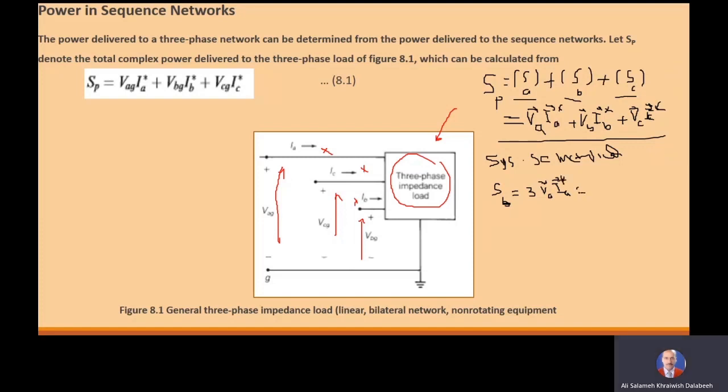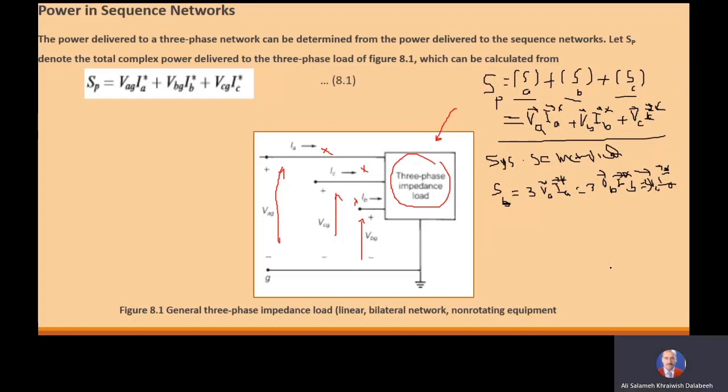Actually, it is equal to 3 VB IB conjugate, equal to 3 VC IC conjugate. Sorry, this is 3. This is a special case. This is for the symmetrical system.